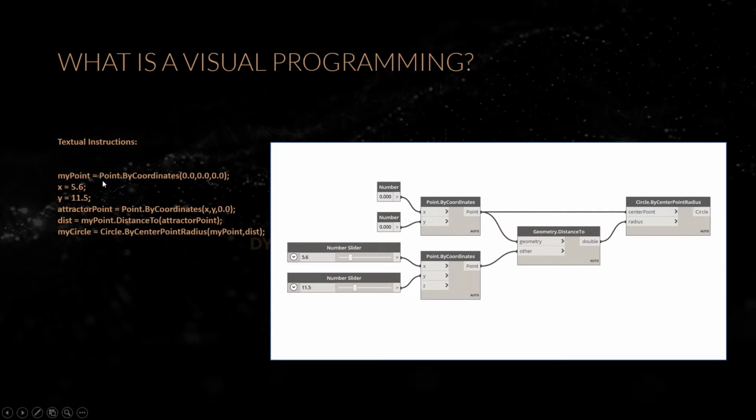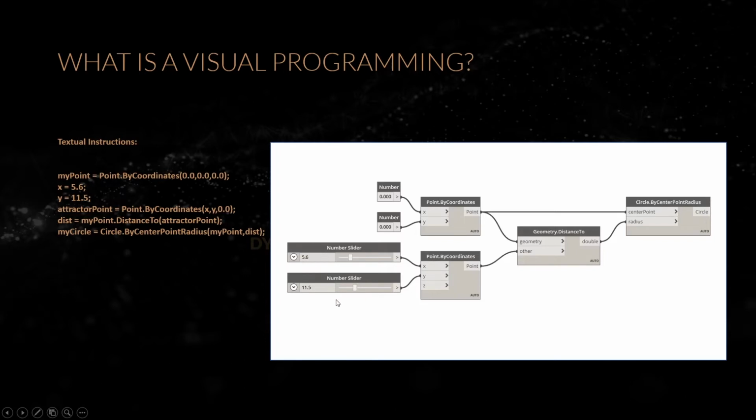We have here point by coordinates 0, 0, 0. I have here point by coordinates, and I can see that I must have three inputs, and for input x I put the number 5.6, and this is 5.6.